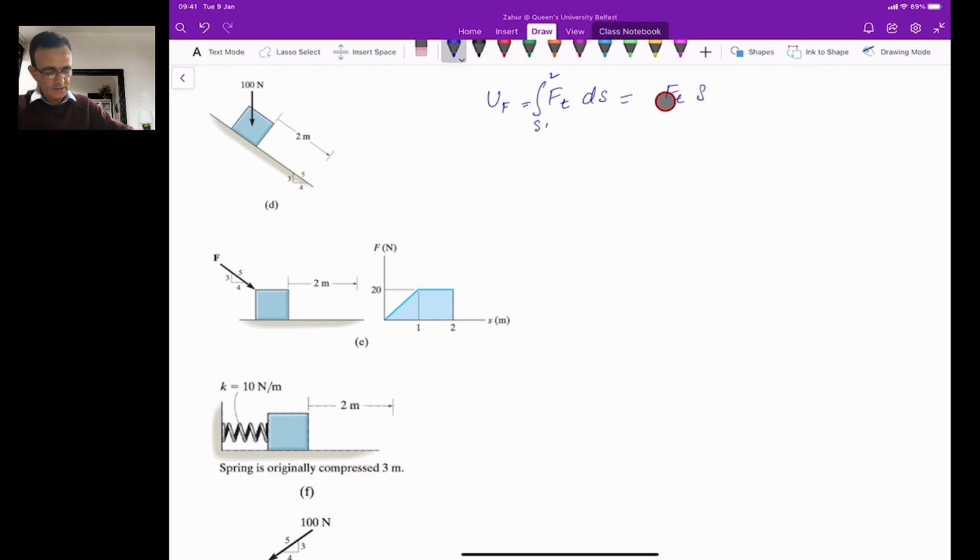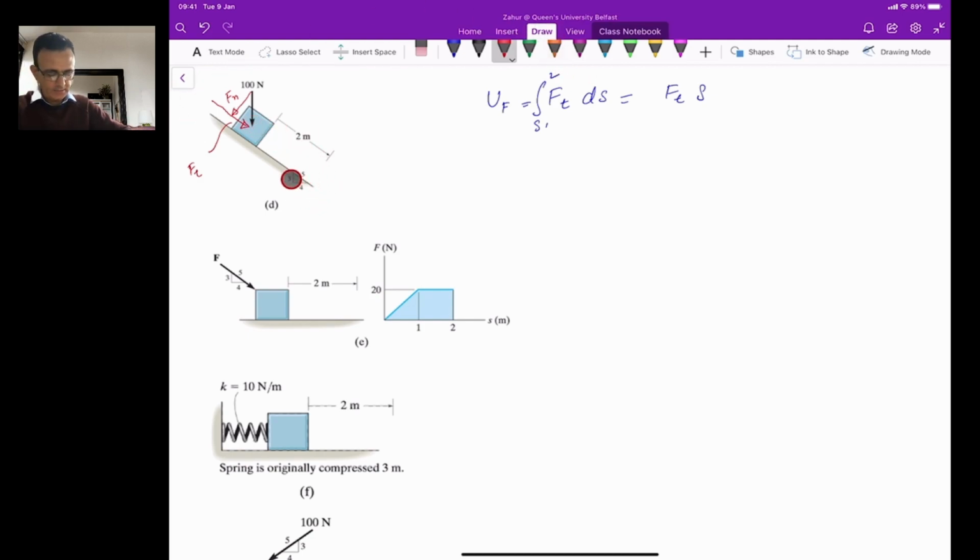To calculate Ft, we need the tangential force, which is this force here in the direction of the displacement, and another component of the force will be in this direction here. We know that this component, the normal force Fn, is doing no work. The only work is done by this Ft.